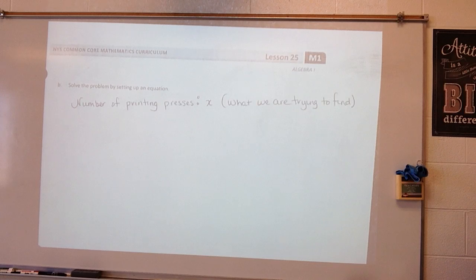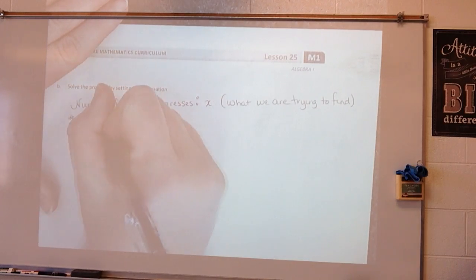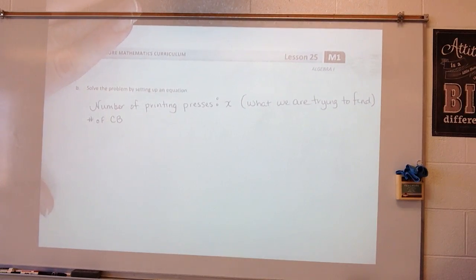Then we've got the number of copies of cookbooks that were printed by one printing press in one day. I'm going to abbreviate CB for cookbooks.